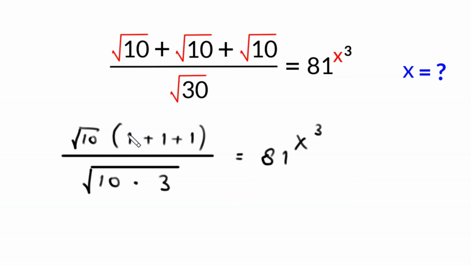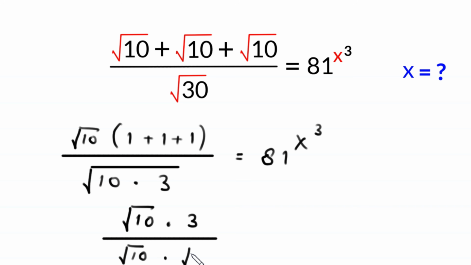Further simplify, this will become root 10 times 3 divided by root 10 times root 3 equals 81 to the power x cubed.